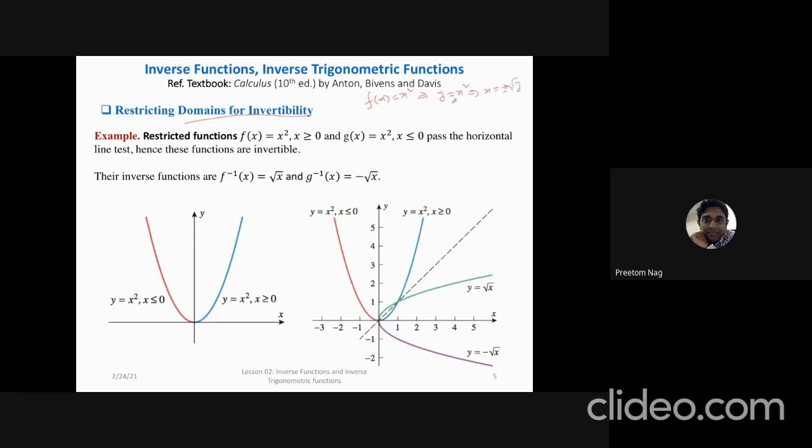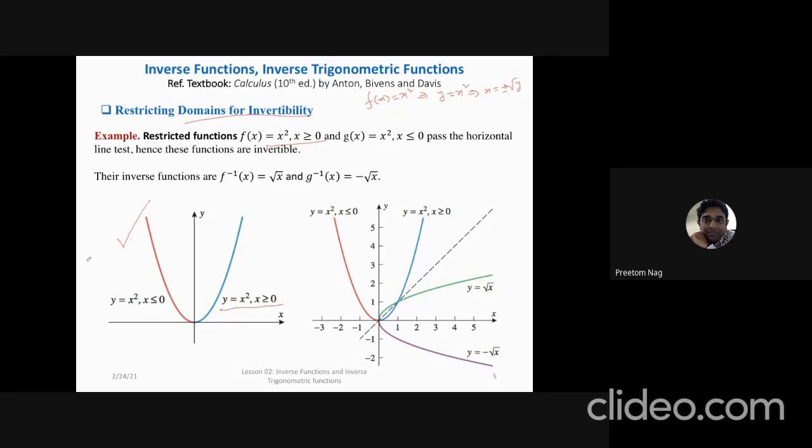Now if I define the function f of x equal to x square for x greater than or equal to 0, this blue graph, we will have only the blue one. If I consider y equal to x square where x is less than or equal to 0, then we will have only this red graph.